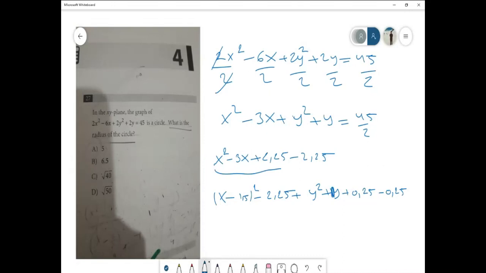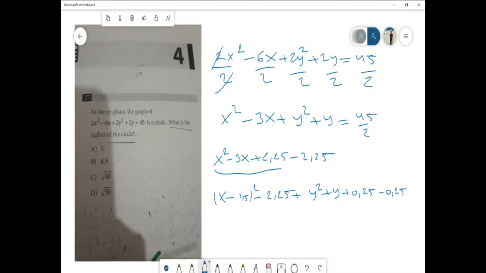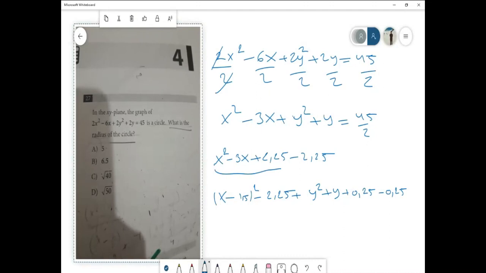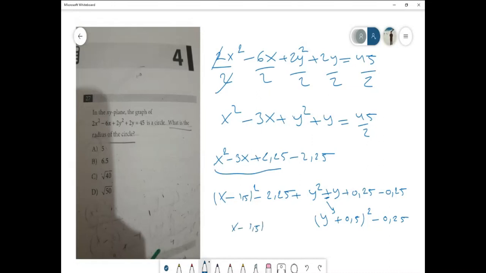As you can see here, I have 1, right? What is half of 1? It is 0.5. What is 0.5 squared? It is 0.25, and I'm adding it and also subtracting it. Sir, where did you get 1 from? The coefficient of y, this one.